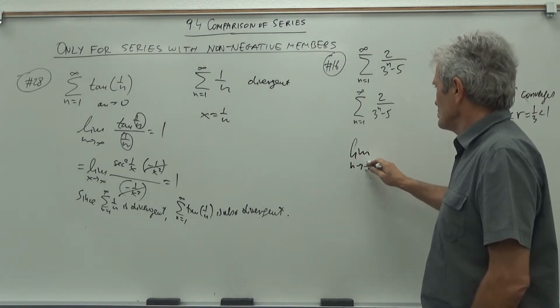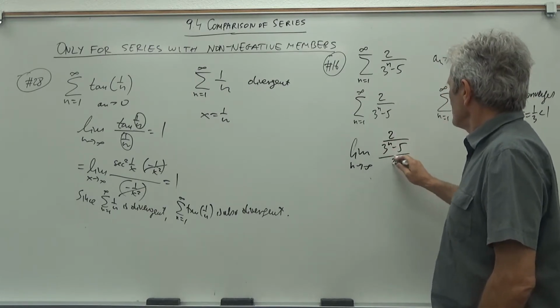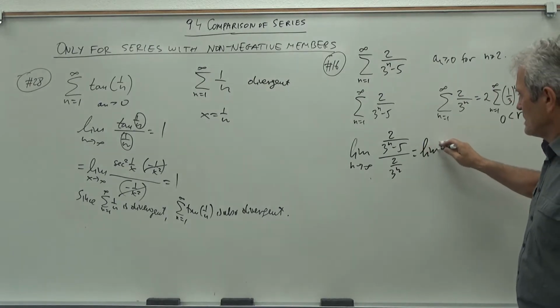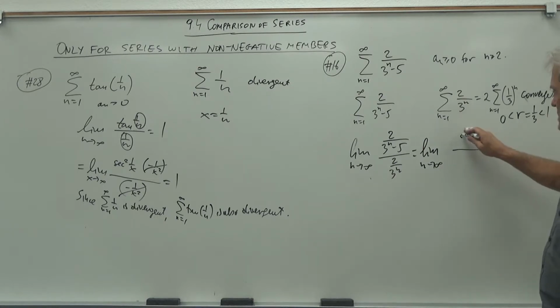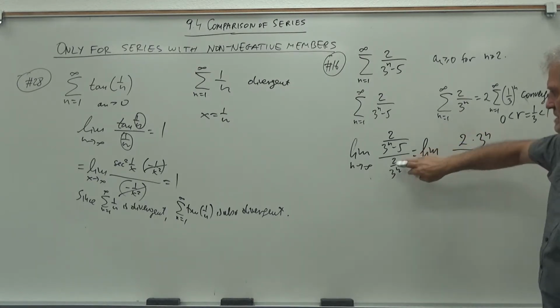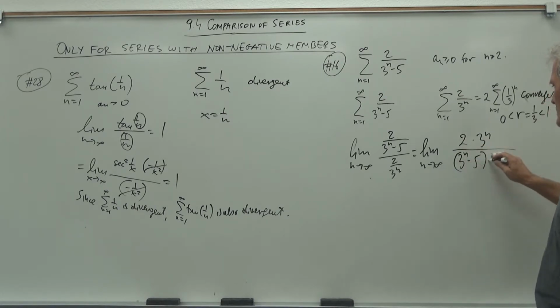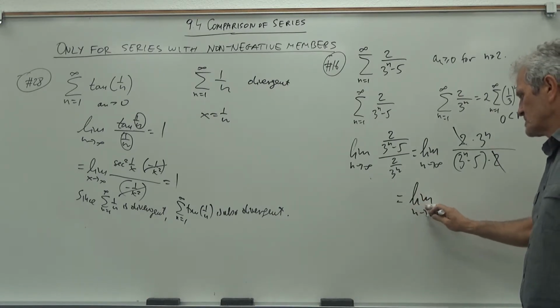Limit when n goes to infinity of (2 over 3 to the n minus 5), over (2 over 3 to the n). When you multiply by the reciprocal, you get 2 times 3 to the n, when you flip them, over 3 to the n minus 5 times 2. Then you cancel 2 and 2, and you divide by 3 to the n, as an infinite expression.